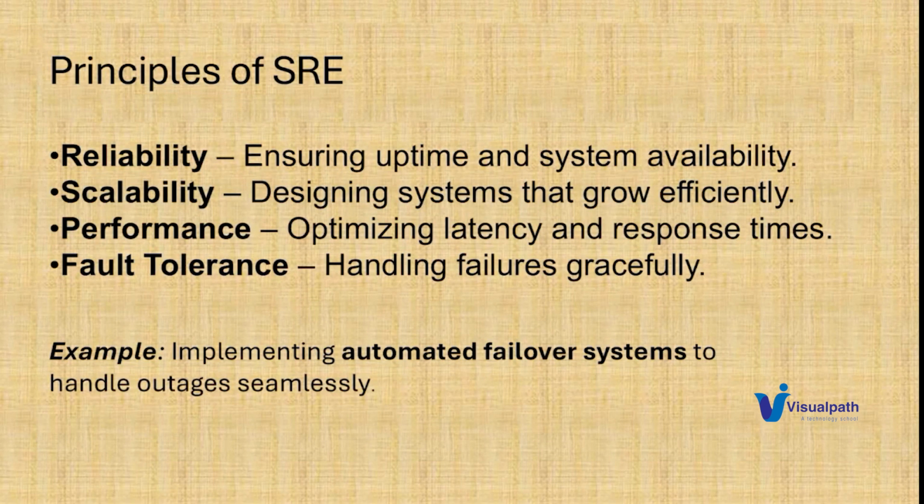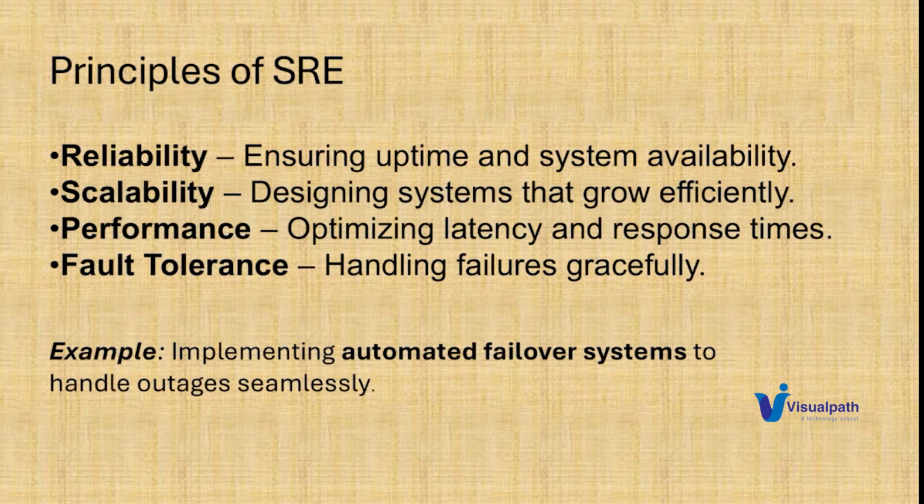And scalability: we can have vertical scaling and horizontal scaling. Vertical scaling is, for example, if we have one server and our load goes up, we can do two things. Either we increase the RAM and CPU of that server, which is vertical scaling, or we increase the number of servers.